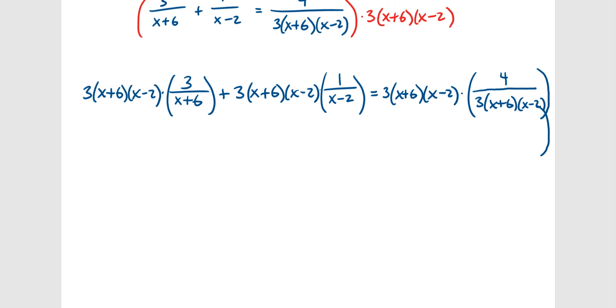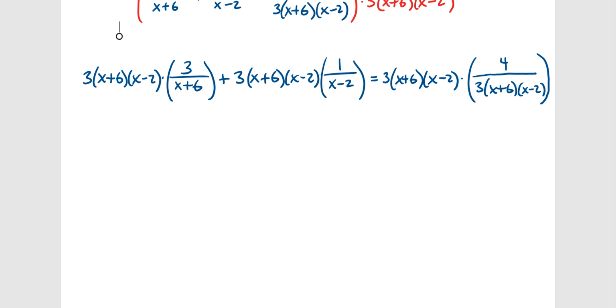Okay, so let's take it one term at a time. For the first term, we have this whole thing and that denominator. Let's use it to cancel. The x plus 6's cancel here, so we're left with 3 times x minus 2 times 3. I'll write that as 3 times 3 is 9 times the x minus 2.